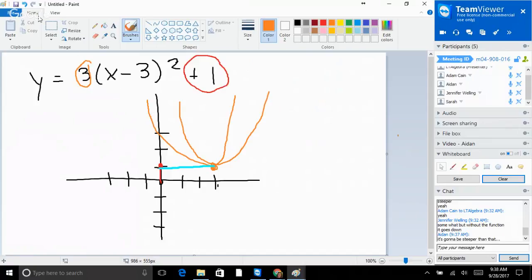That is a sad looking parabola. Just making sure you guys were paying attention. Yeah, that's a really sad parabola because it should be symmetrical.